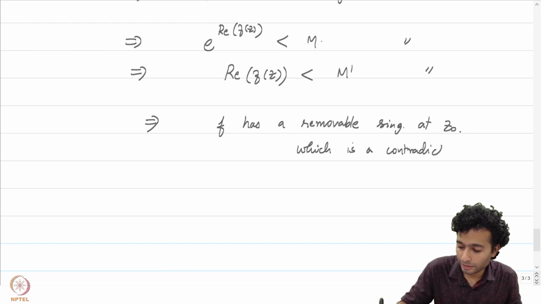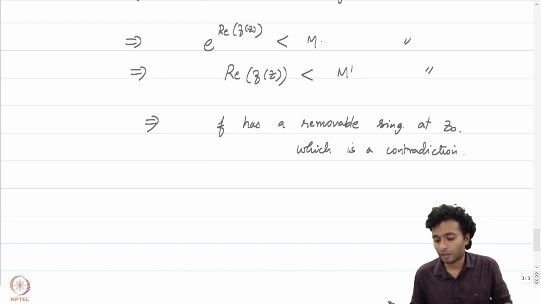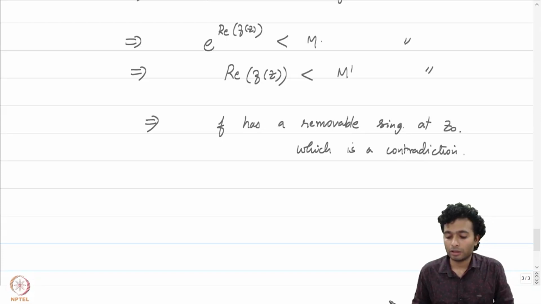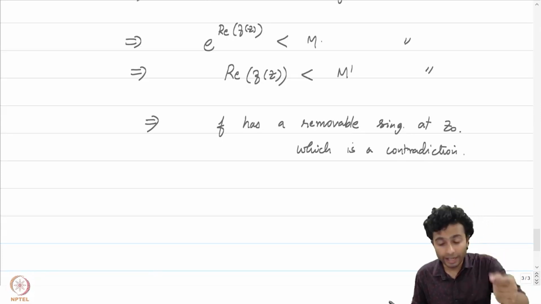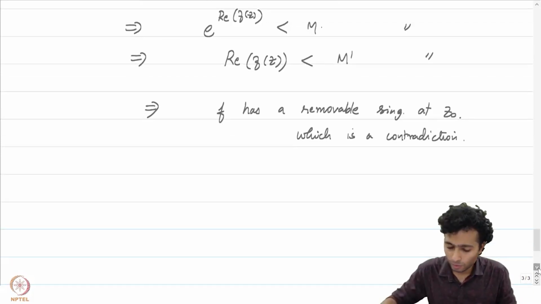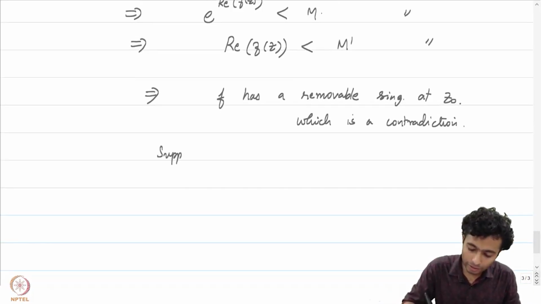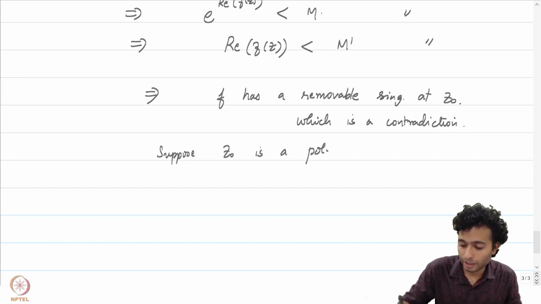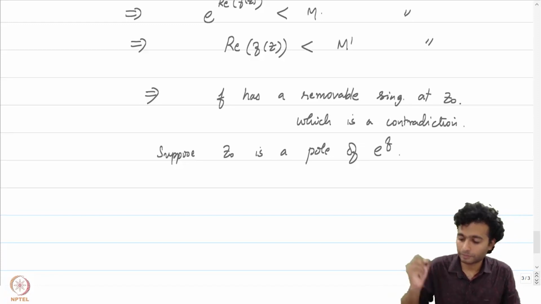So in particular, if z0 is a pole of f, then z0 cannot be a removable singularity of e to the power f. Now what if z0 is a pole of e to the power f?